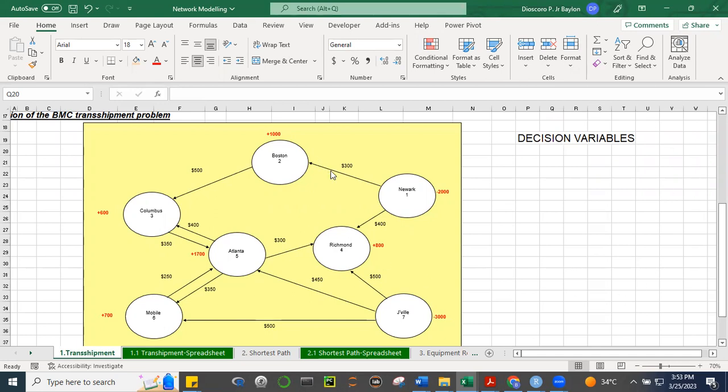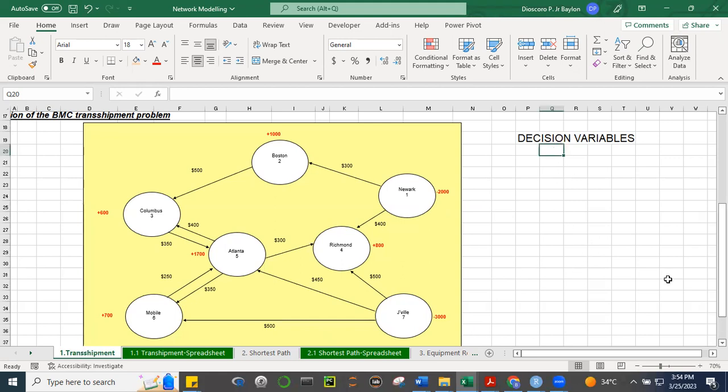Let's count. 1, 2, 3, 4, 5, 6, 7, 8, 9, 10, 11. So 11 arcs, 11 arrows, therefore 11 decision variables. However, 7 refers to the number of constraints. There will be 7 constraints. As many as the nodes, the number of nodes will be the number of your constraints. The number of arcs will be the number of decision variables.